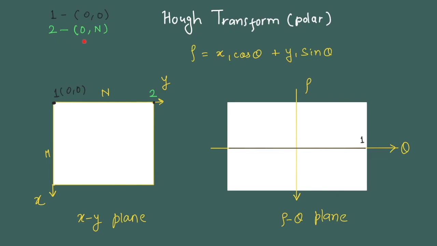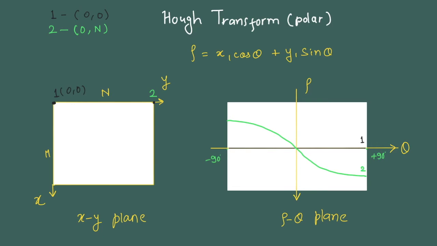Hence for this point 2 which has coordinate 0, n, which is here, this term will go off and we will be left with rho equals n sin theta. So this will become a sine wave. For sine wave, sine of 0 is 0, and sine 90 is maximum. So this is for point number 2.